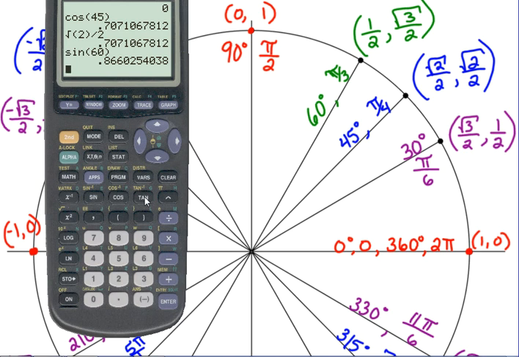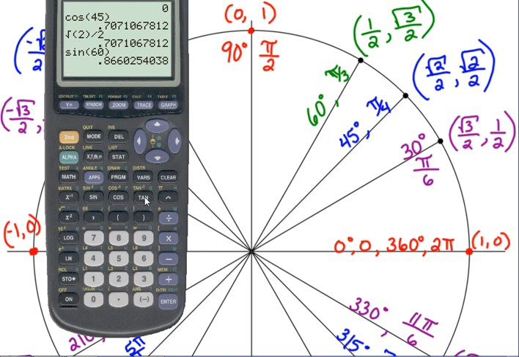So when I'm trying to remember the unit circle and I'm trying to remember between 60 and 30 which one's which, I think about this. 30 degrees is a more shallow angle. So its x coordinate is bigger than its y coordinate.